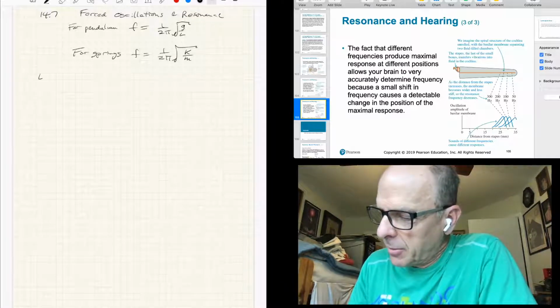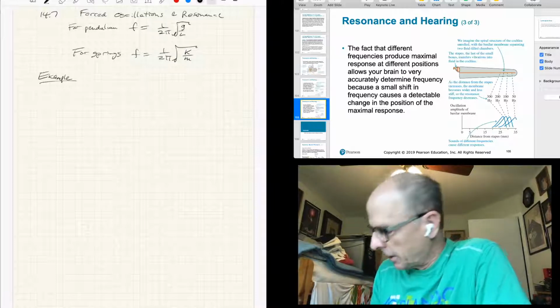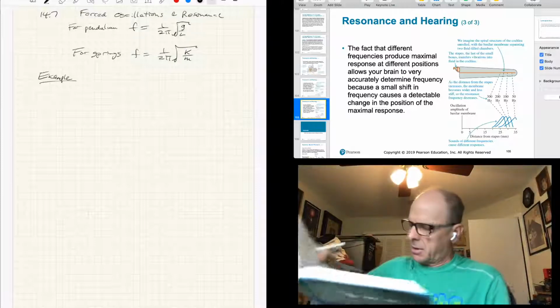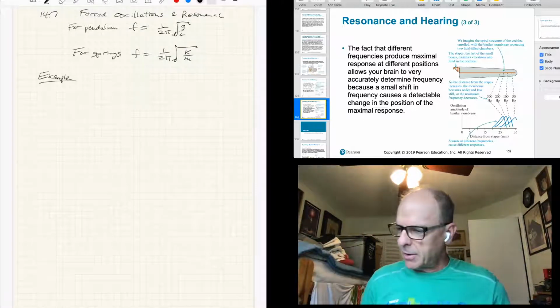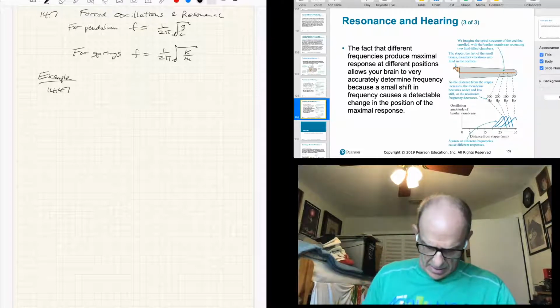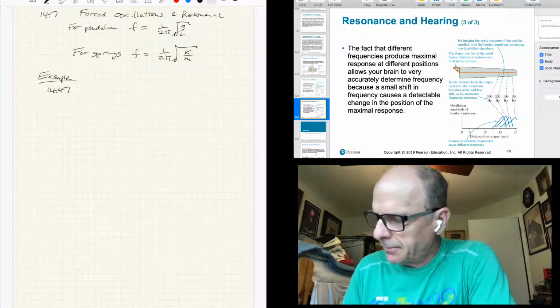Let's work out a simple example to illustrate this, and it's just a child on a swing. This is problem number 47 in chapter 14. A child sits on a 2-meter long rope swing.